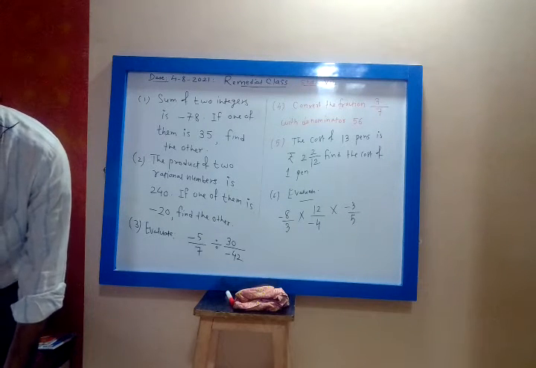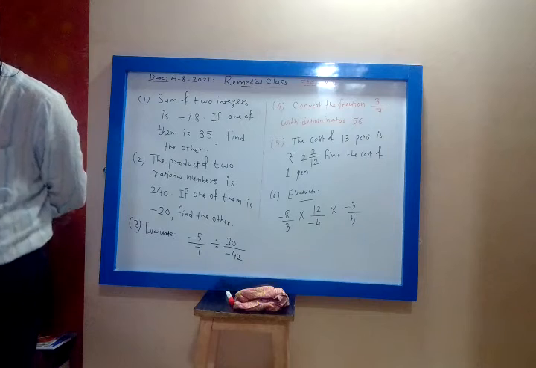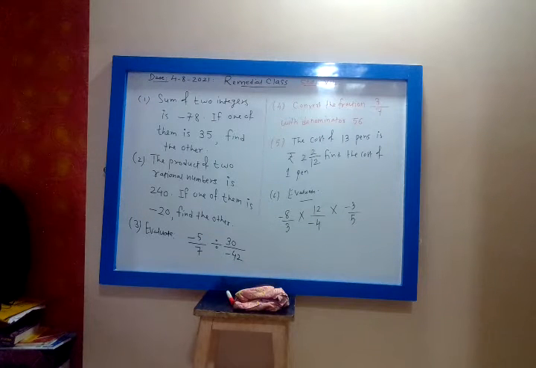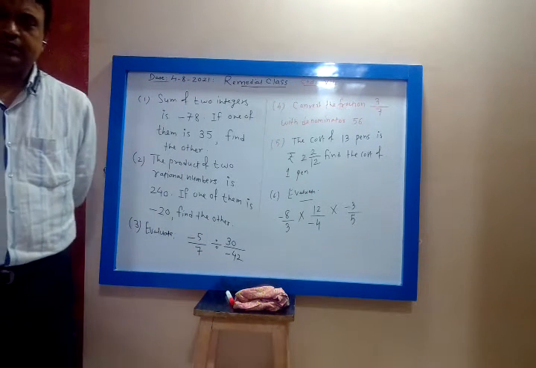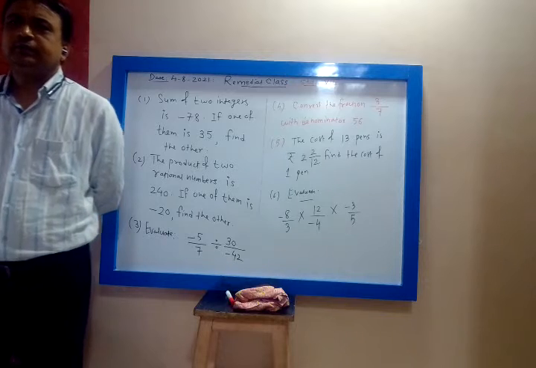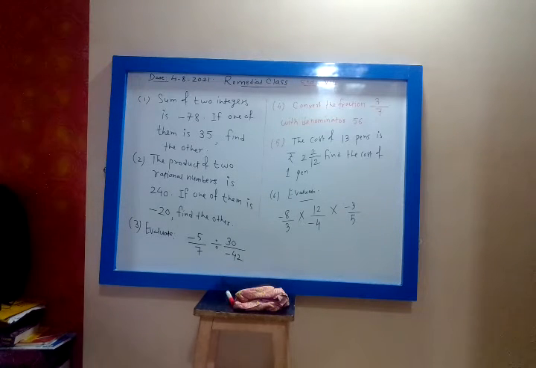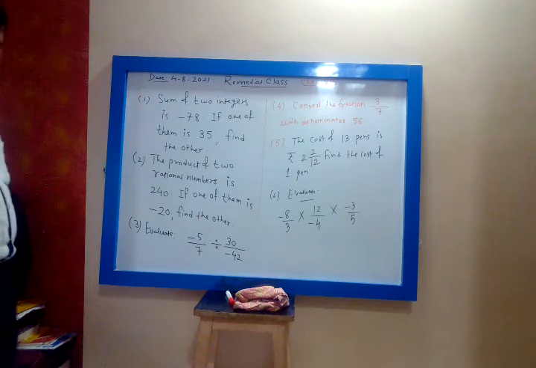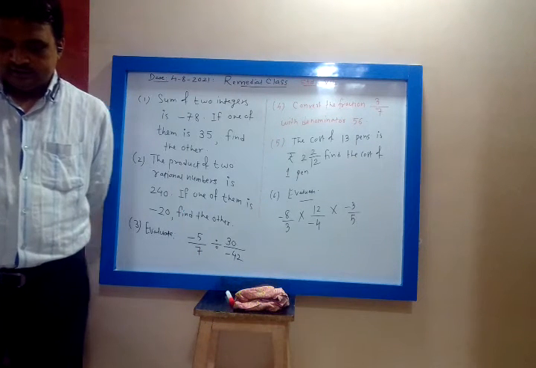Very good. Start solving. Then Rajal Dangar, 7C, roll number 6. How was the exam yesterday? Okay, easy. So how much are you expecting? Okay, so you are fully confident about 20 marks? Okay, let us see.